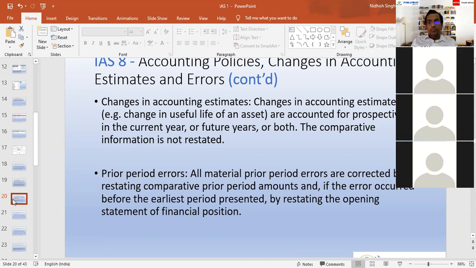Now, that is considered as an error if you are changing this year. Hence, those errors need to be rectified for the prior years, right? Rule of thumb, always remember frameworks. Rule of thumb says that IFRS statements need to have comparatives. You need to have the previous year number.